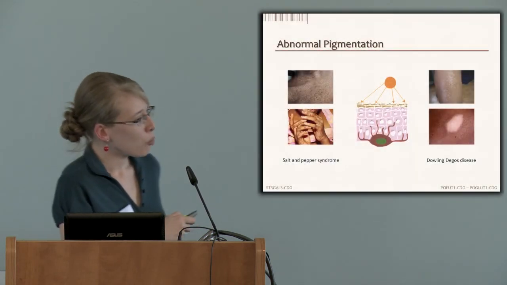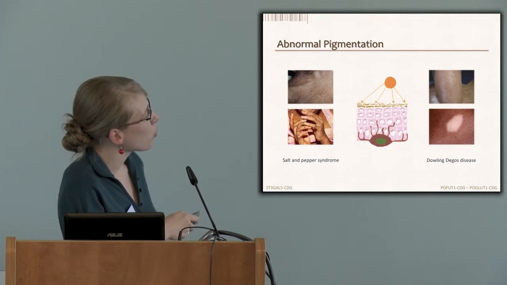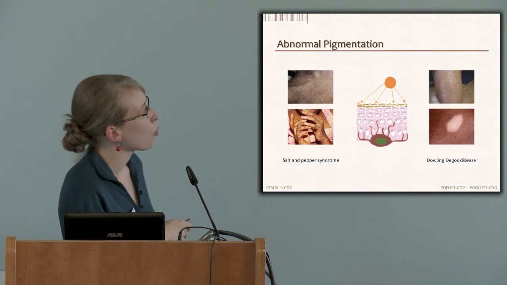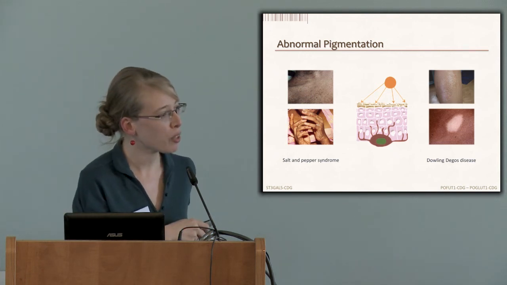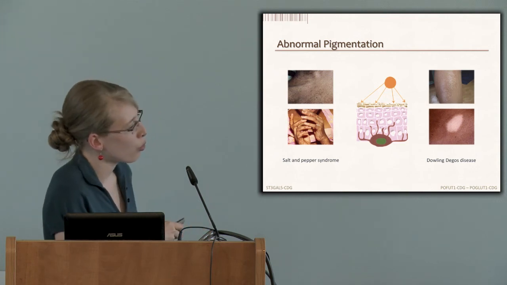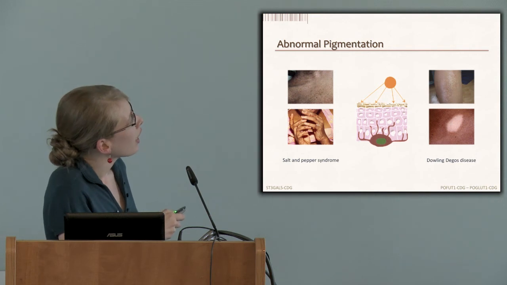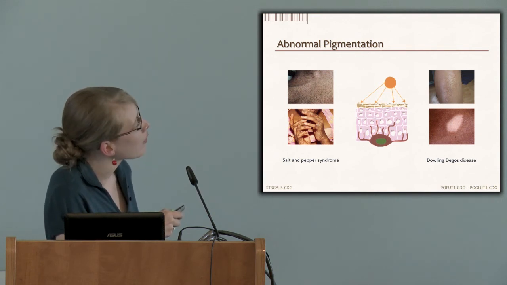We talked about pigmentation before. Within CDG, we have two groups that show abnormalities in pigmentation. First, the salt and pepper syndrome is associated in most of the patients with severe epilepsy. And salt and pepper, you see why: you have the gray pepper grains next to the white salt grains.